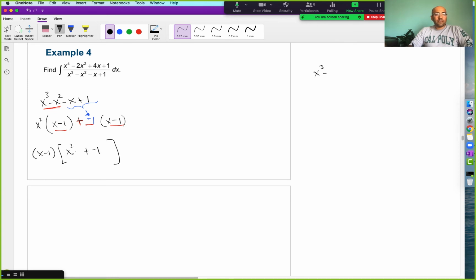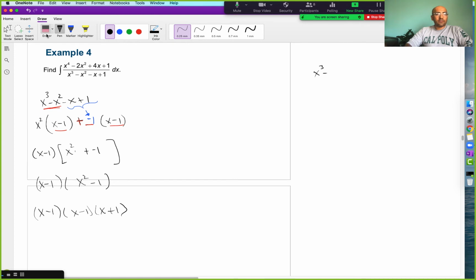Right, so this one times this one equals that, and this one times this one equals that one. So then this turns into x minus 1, and then we have an x squared minus 1. Good? Okay, now this is a difference of squares. This factors even more. x minus 1, and then this turns into x minus 1 times x plus 1. Right? This is a difference of squares.